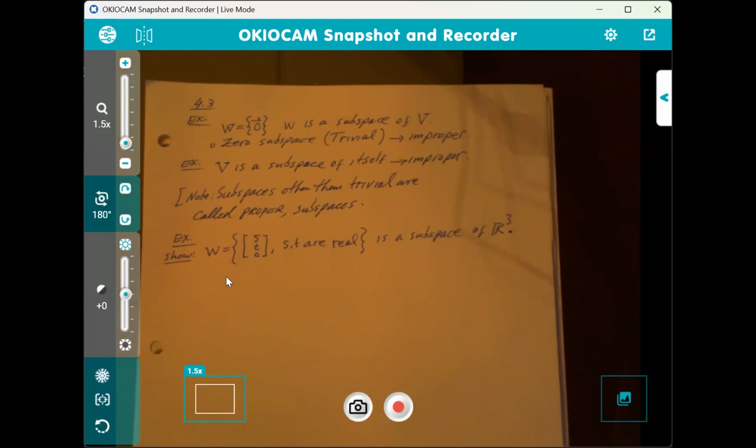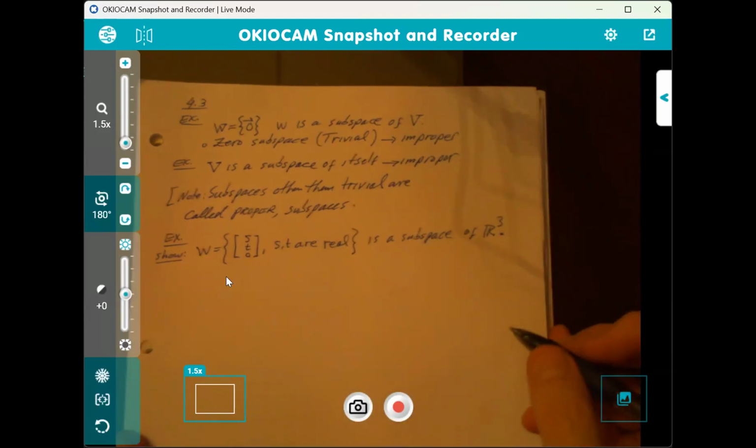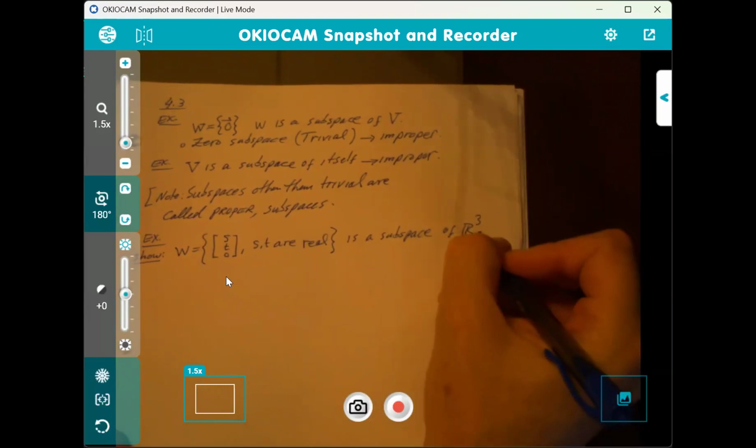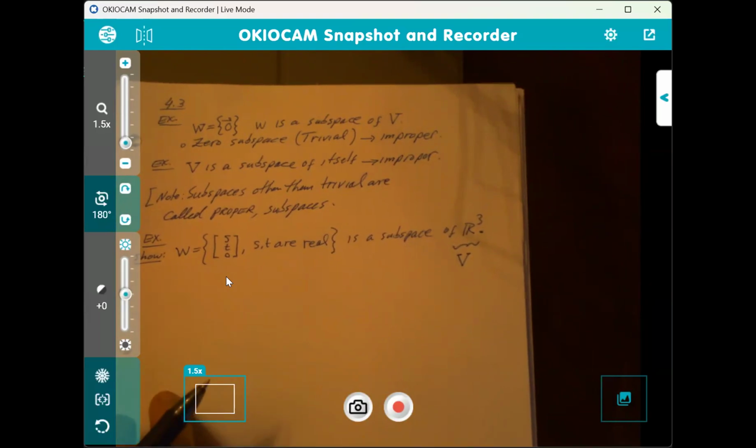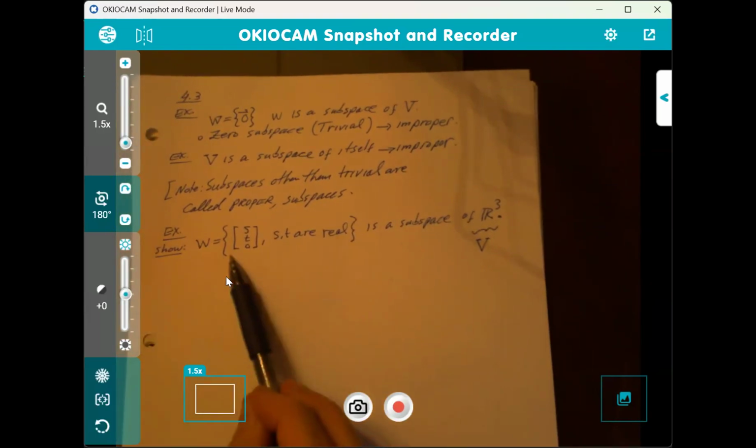So I need to show this. Now, anyone remembers what I need to show for a subspace W to make sure W is a subspace of V? In here, by the way, your R cubed is what the parent is. This is V. We want to show that what I have made here is a subset of that.